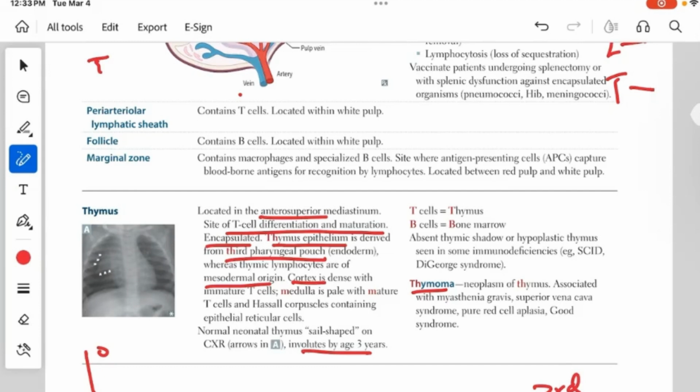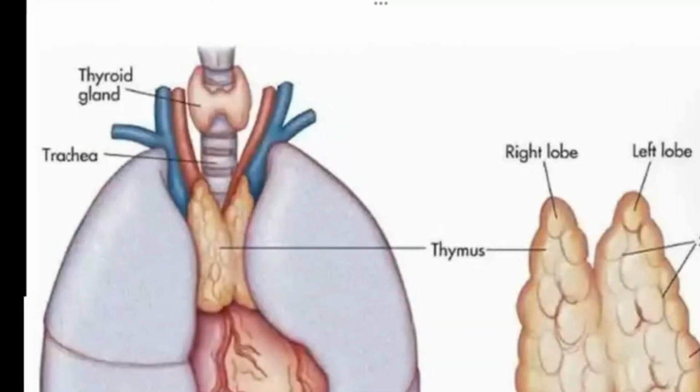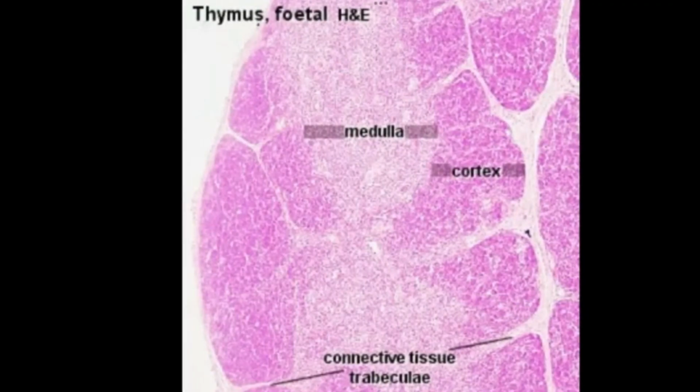So the thymus has two main parts: the cortex and the medulla. Let me show you an image of that. This is the thymus in the fetus.